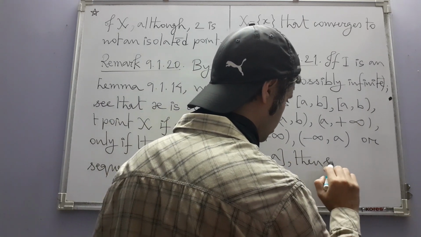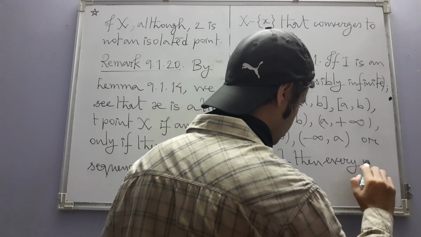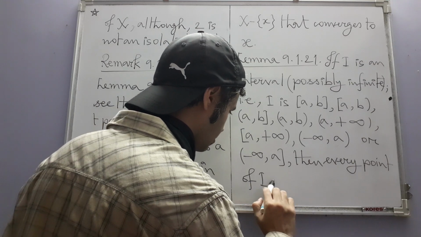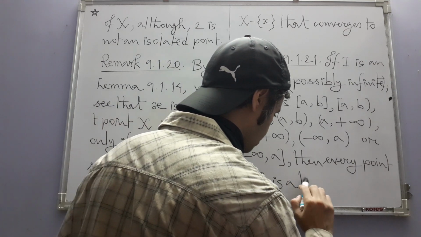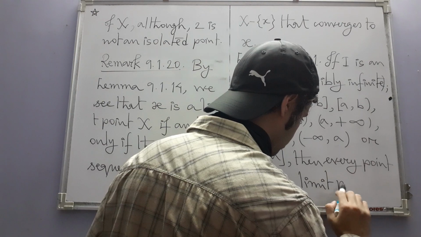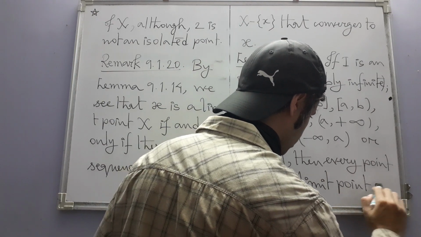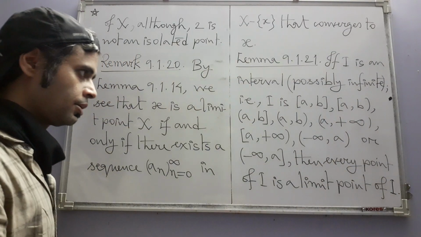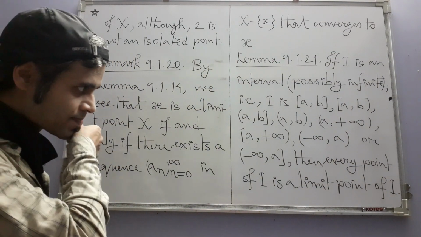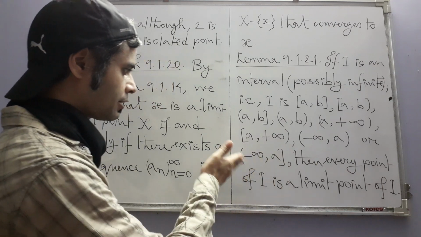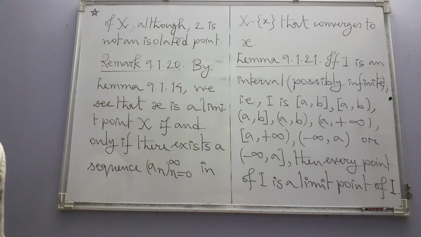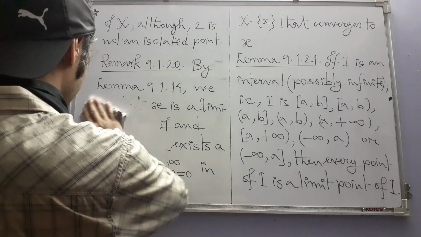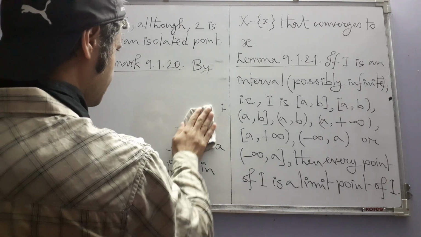Then every point of I is a limit point of I. I don't know why the entire set of real numbers has been ignored here in this list, because for that also every point is a limit point.